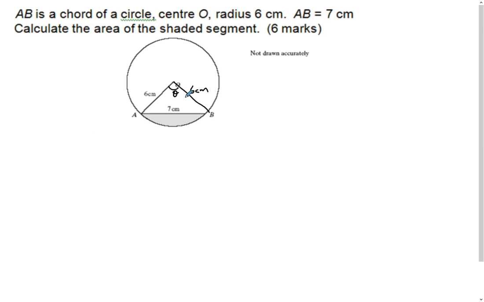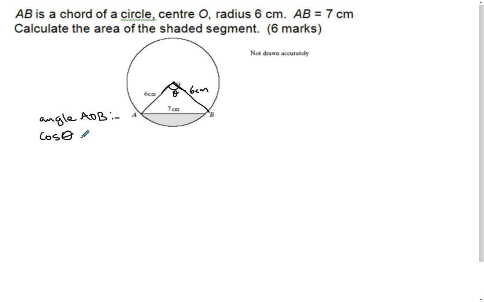Okay, so the way to find the angle again, using the cosine rule. And I'll just draw my B here. We've got all three sides, so we're going to go cos theta, and we're finding the angle AOB.